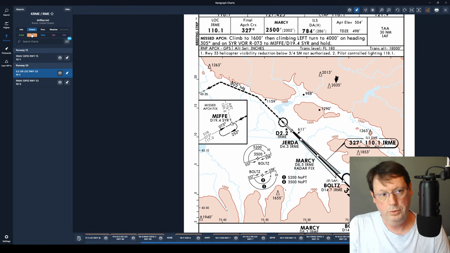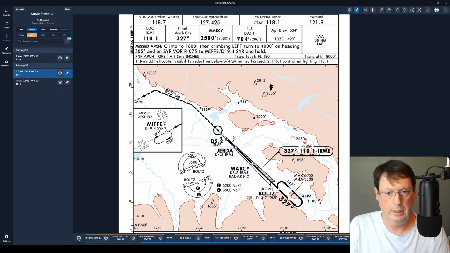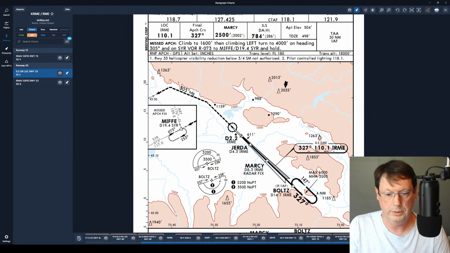The approaches to this airport, there are 3 of them. There used to be more. The FAA is decommissioning VORs, so we're losing approaches.